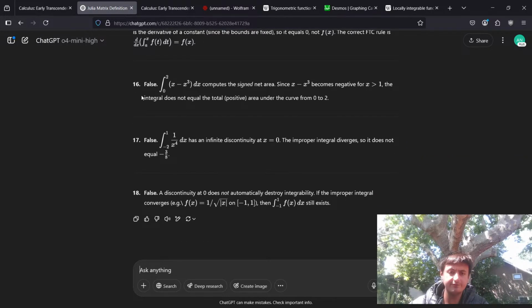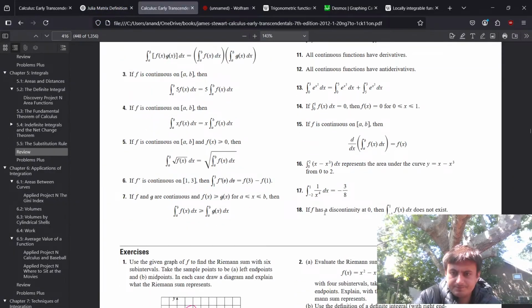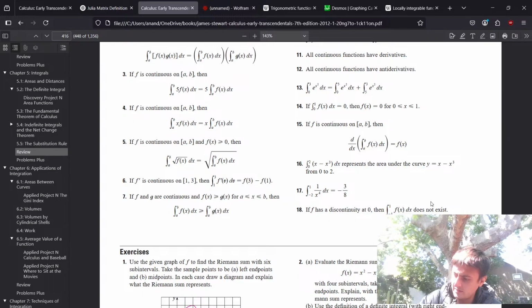17, 18. Wait, 18. Oh, okay. Because no, it's because you can have a finite number of jumps. False. You can have a finite number of jumps.